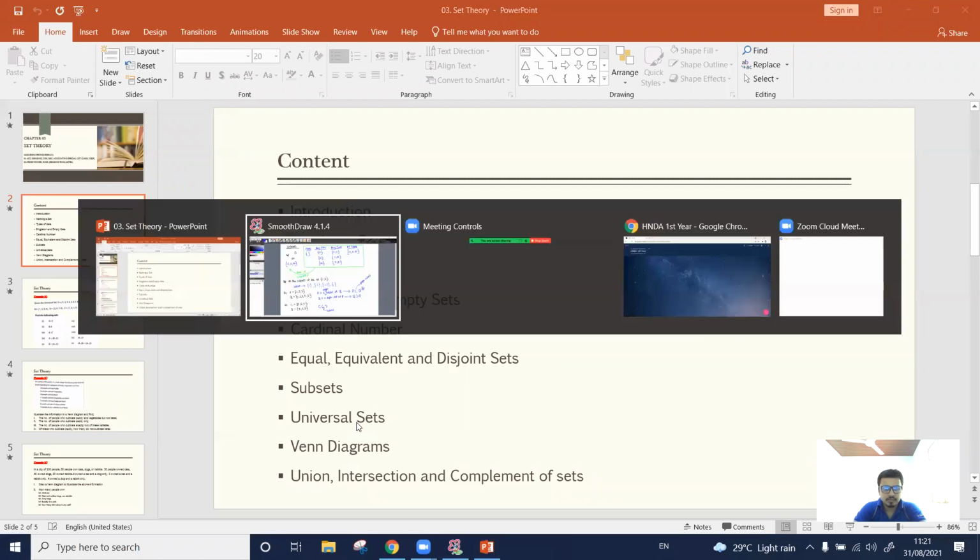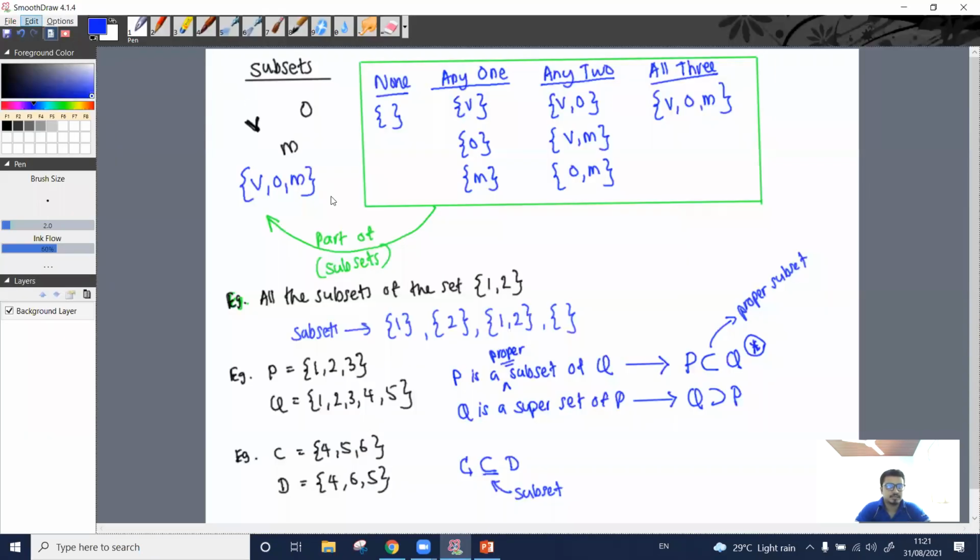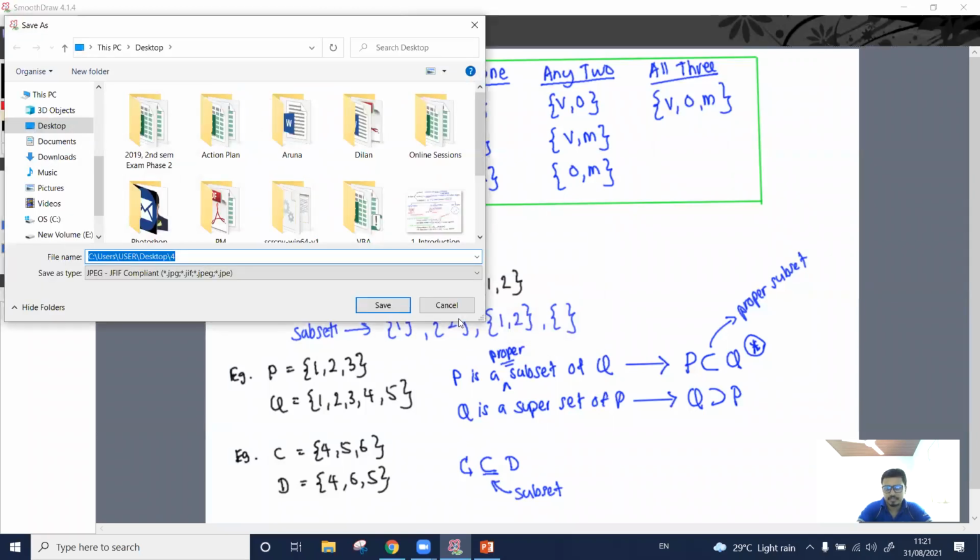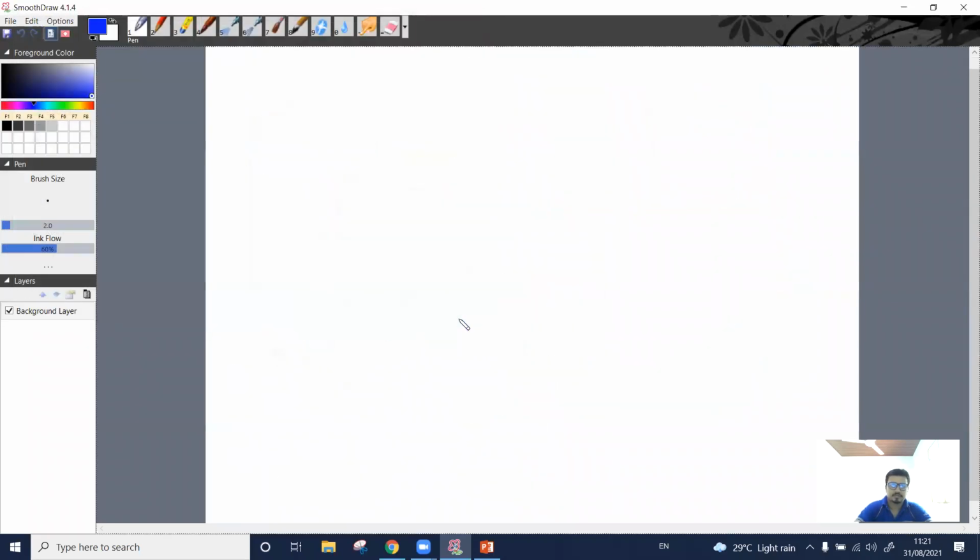Universal sets. What do you mean by that? Universal set means what? Universal sets are denoted by which symbol?